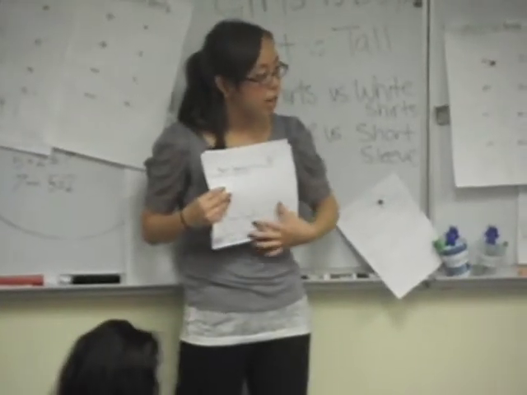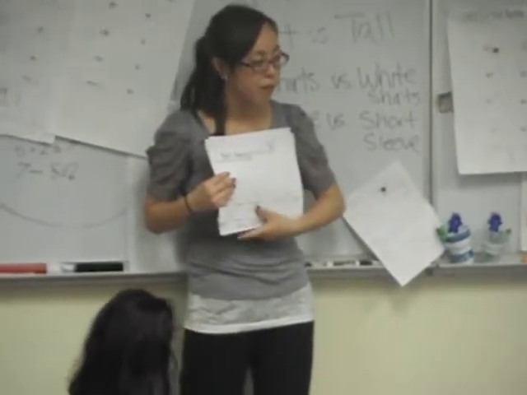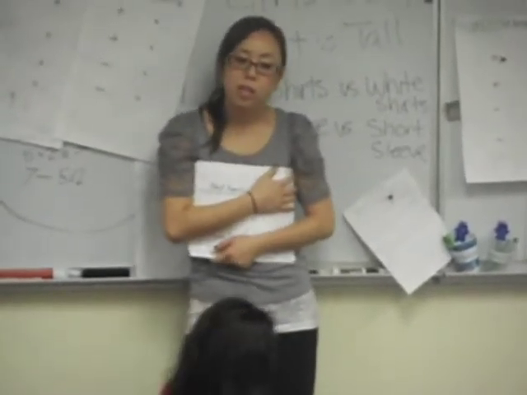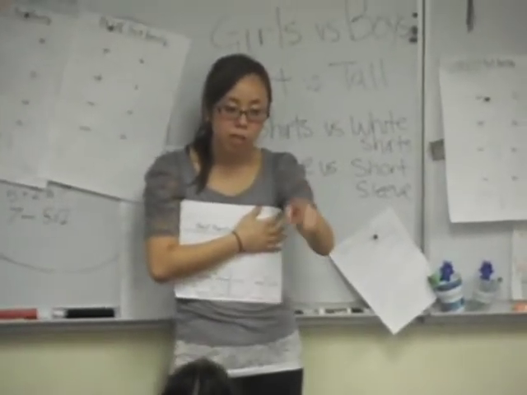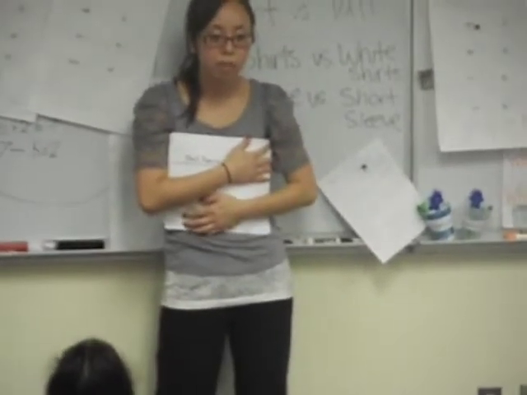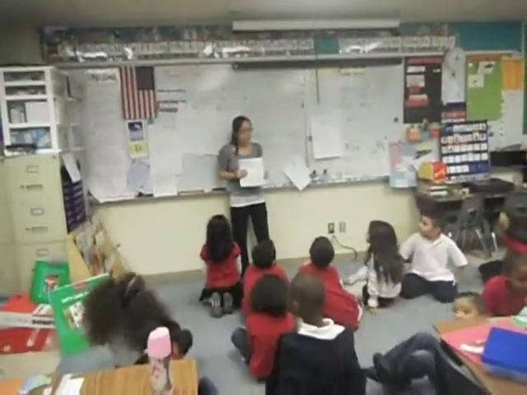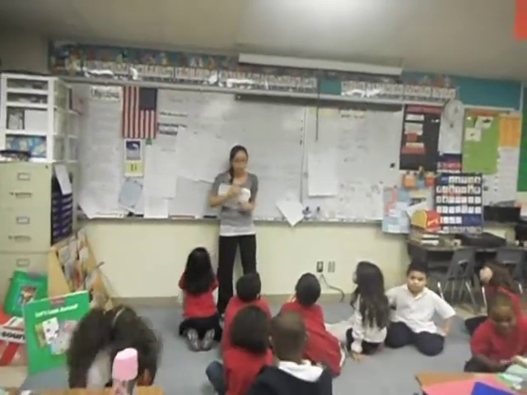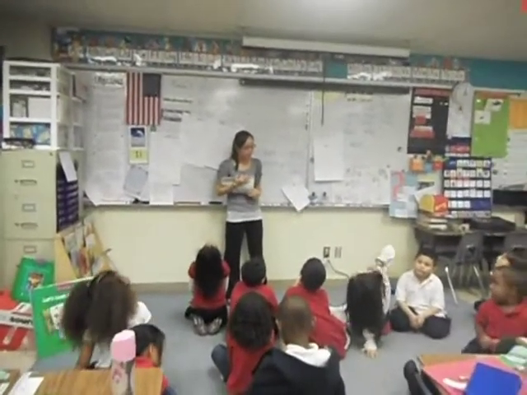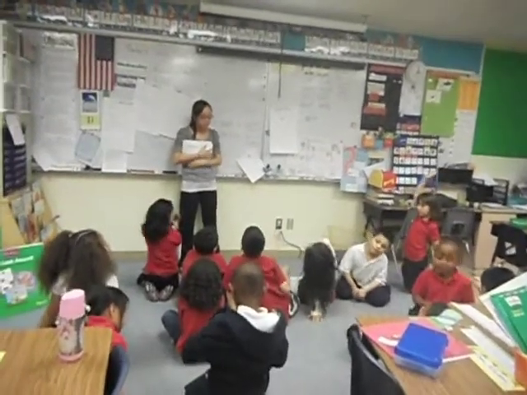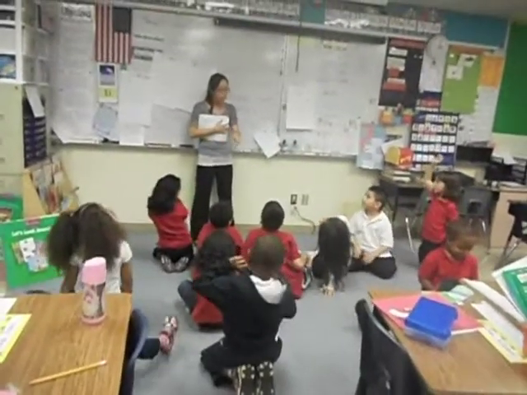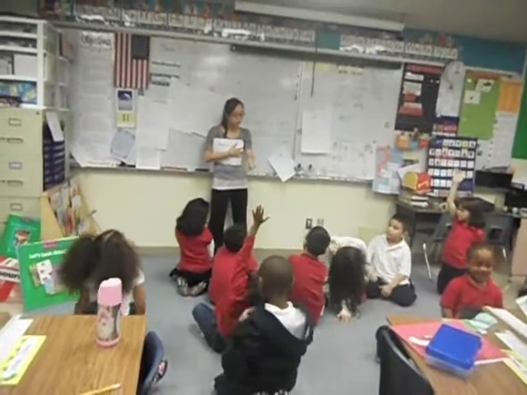Here, students got to share ideas of examples of ways they could split up members of their fact families. Take your jacket off your head. Alright, so let me hear some ideas. How are you guys going to be splitting up your family? Does anyone know yet? Steven. Boys versus girls. So you're going to split your family into boys versus girls?